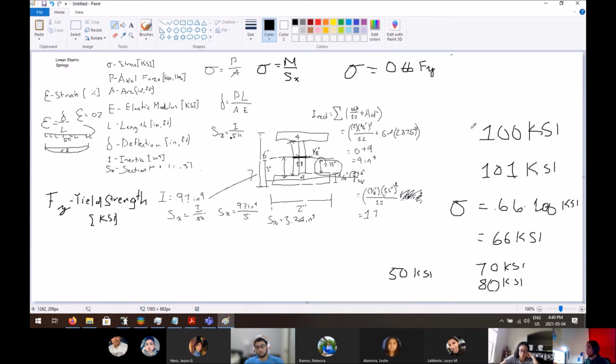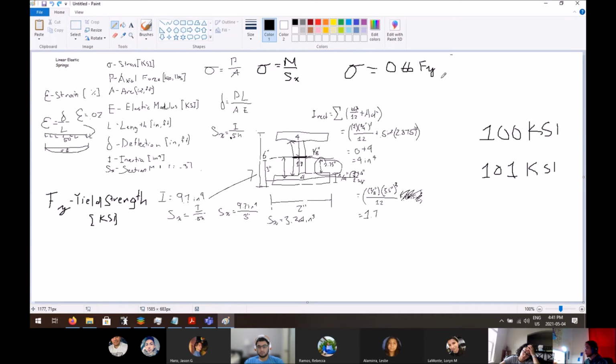But it's not reaching the limit of 100 KSI, so it never gets to the yield strength. This is a safety factor that you take into consideration whenever you're solving problems. So just keep that formula in mind.